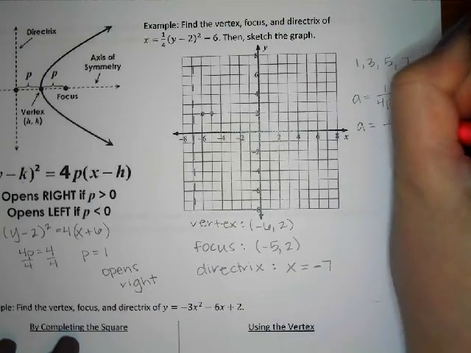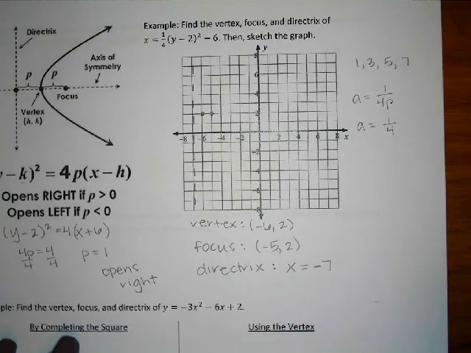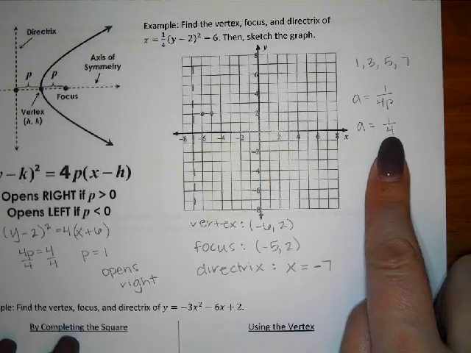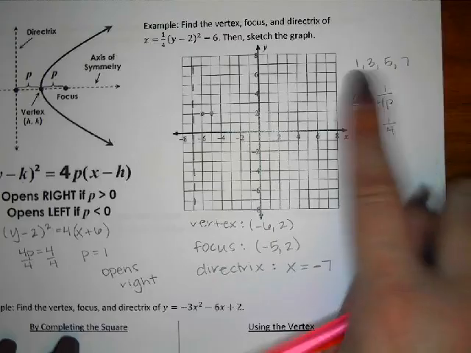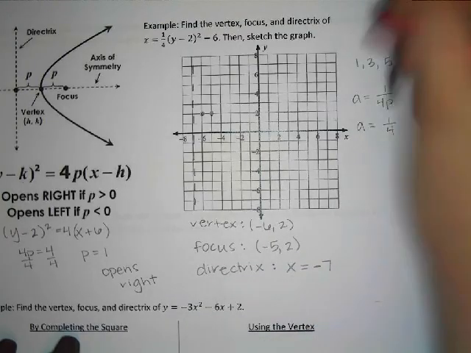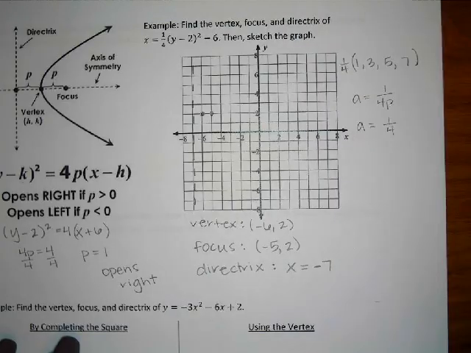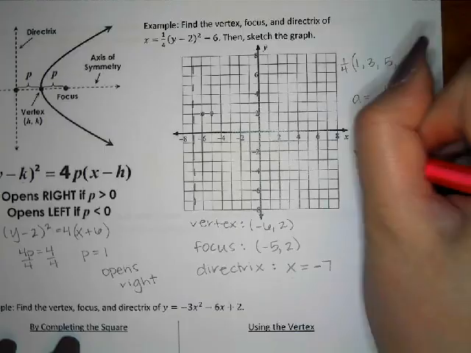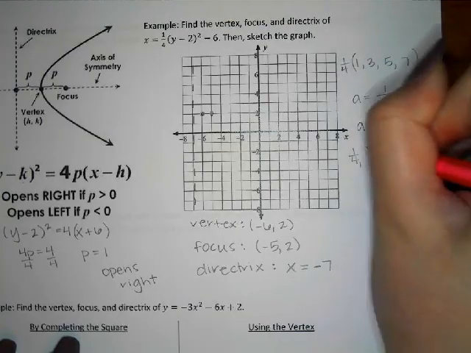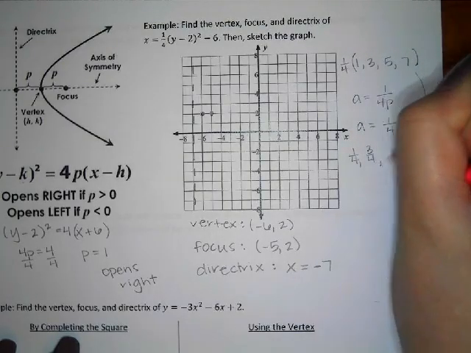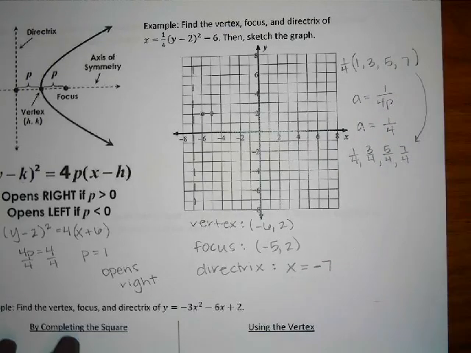Okay, so for this, we're going to take our normal growth pattern, 1, 3, 5, 7, and we're going to multiply it by 1/4. And so the growth pattern that we're going to draw is 1/4, 3/4, 5/4, 7/4. Okay, I'm going to go ahead and turn my paper sideways.